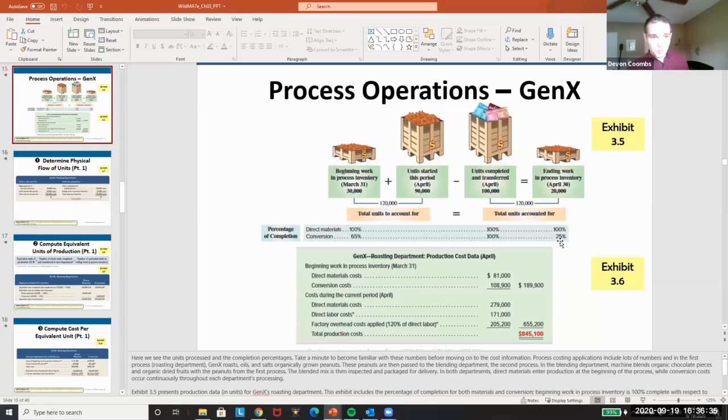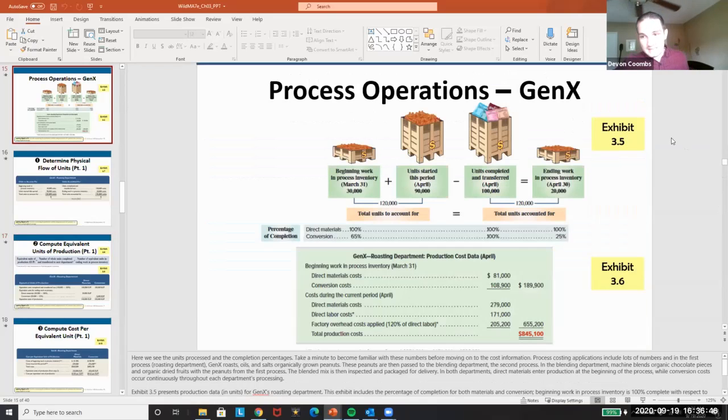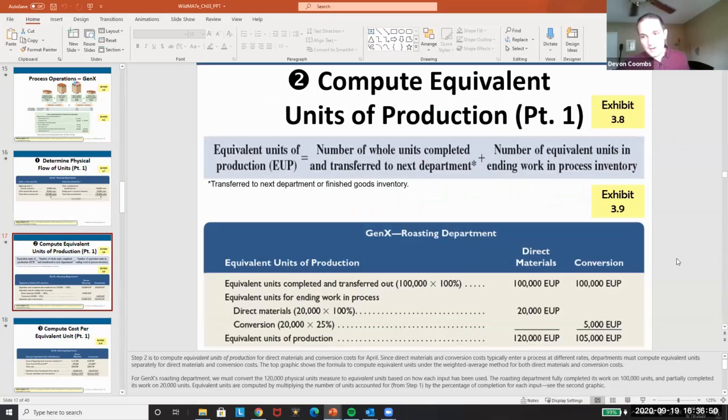We have 100% and 25%. So 100% for direct materials, that's 20,000 units, and 25% for conversion, which is 5,000 units. So in this final transferred out and ending work in process, we have 120,000 equivalent units of direct material costs and 105,000 units of conversion costs.